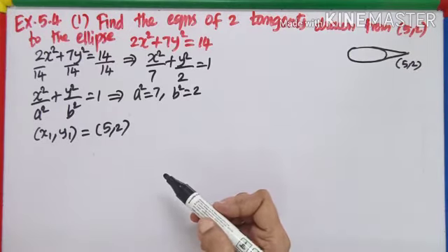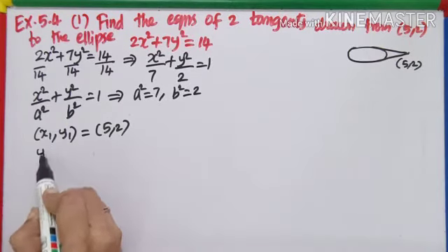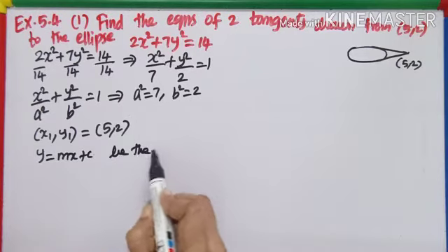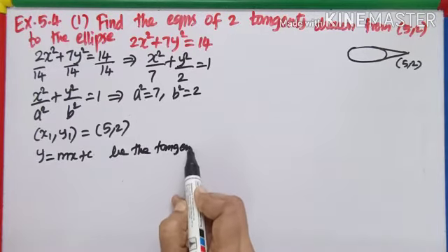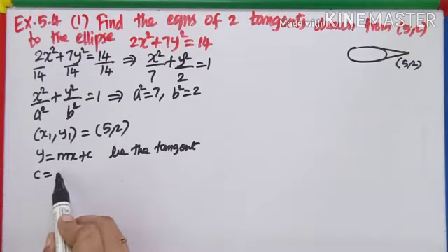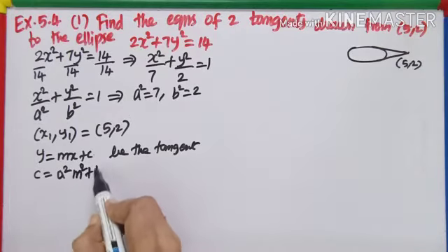Now, what is the condition? How to do it? y equal to mx plus c be the tangent. And what is the formula? c is equal to the square root of a square m square plus b square.